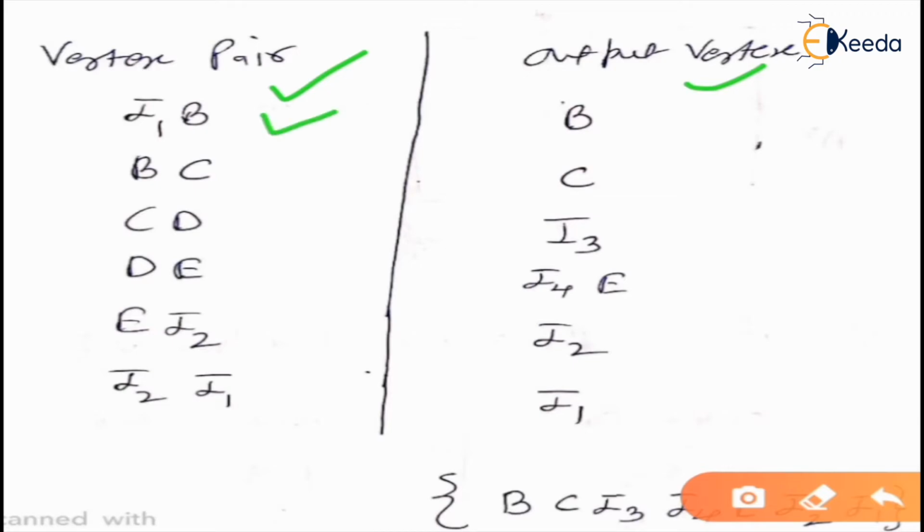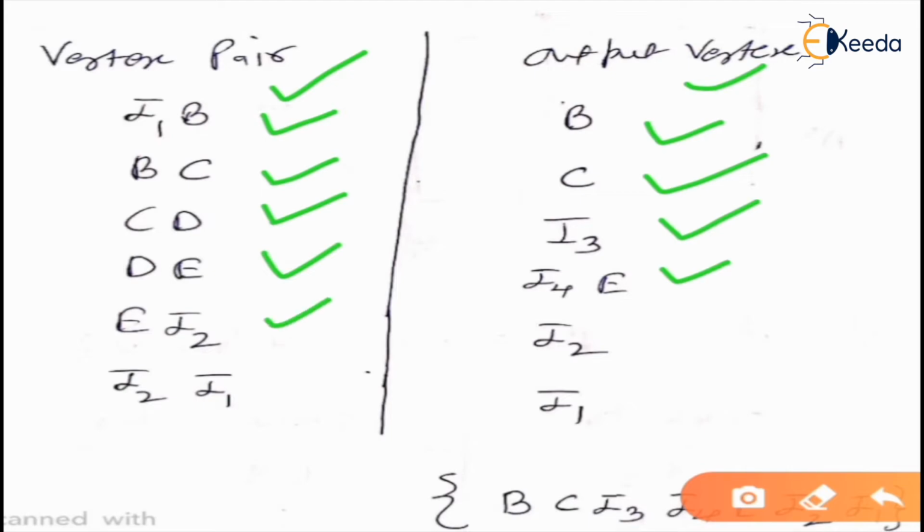First for line I2B we store only the second point B. For BC we store only the second coordinate C. CD, which we want to clip, so here we store only intersection point I3. For DE we store the intersection point and the second point, I4 and E. For EI2 we store only the second point I2, and for I2I1 we store again the second point I1.